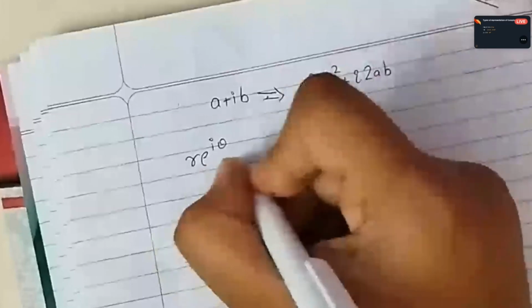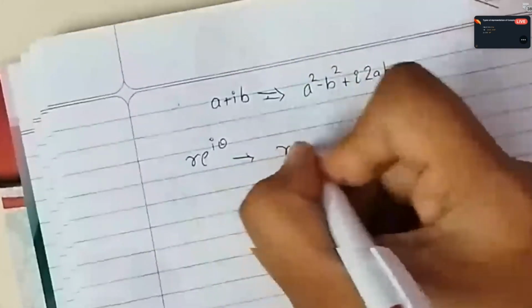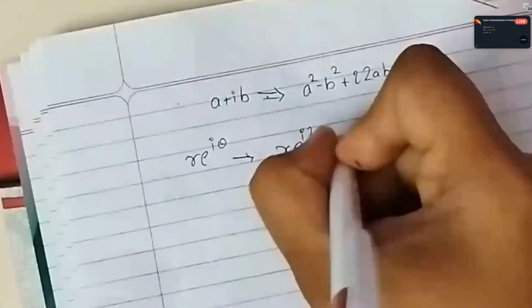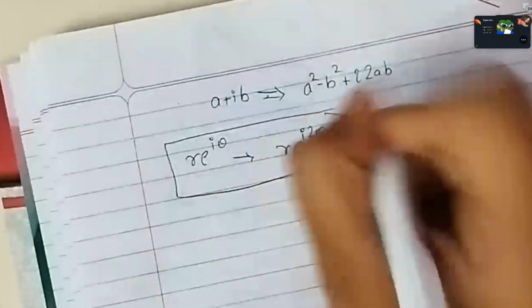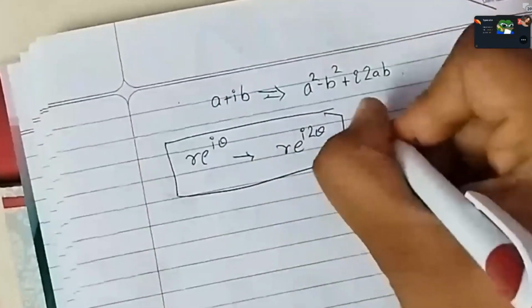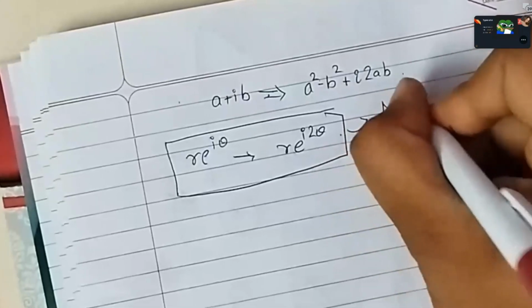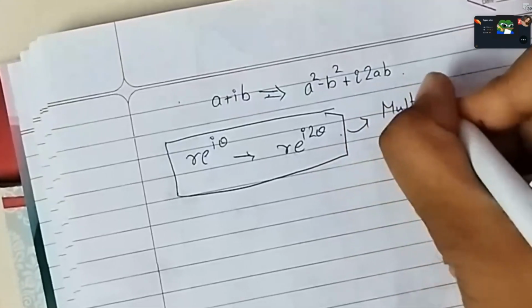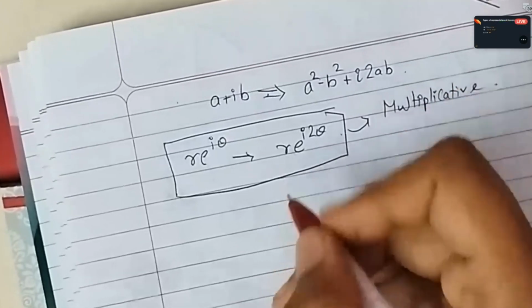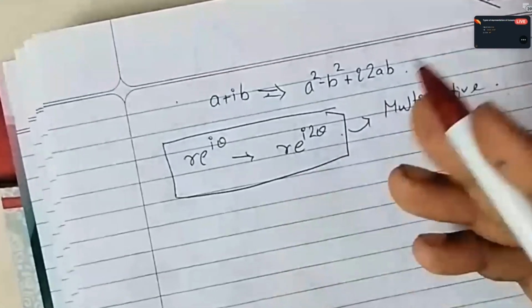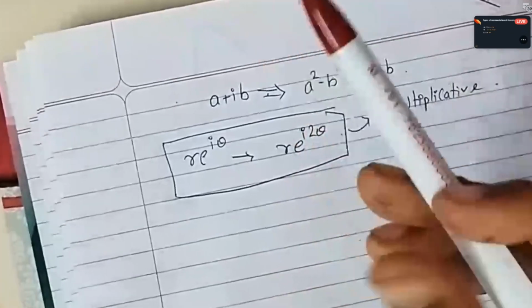And if we square this number in the other form, it is just r e to the power 2 theta. So this is why it is important, because this form is easy in multiplicative situations where there are squares or cubes or nth powers present.